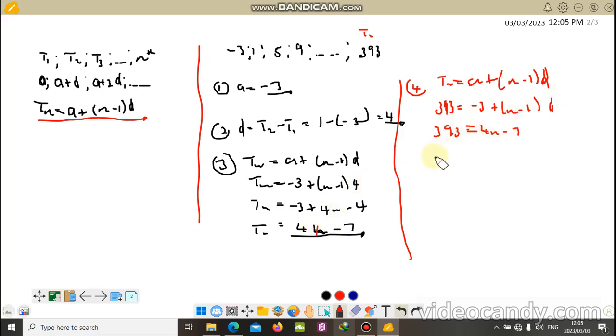So I'll take 7 to the other side, it becomes positive. So this is 393 plus 7 plus 4n. 393 plus 7 is 400, and 400 equals 4n.